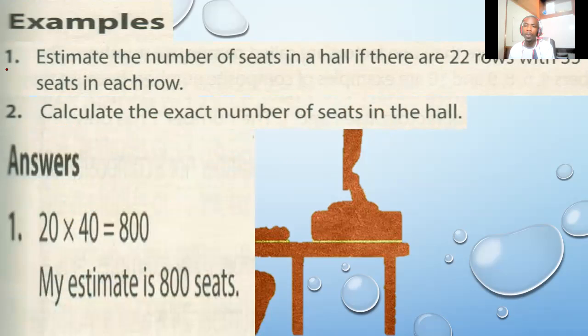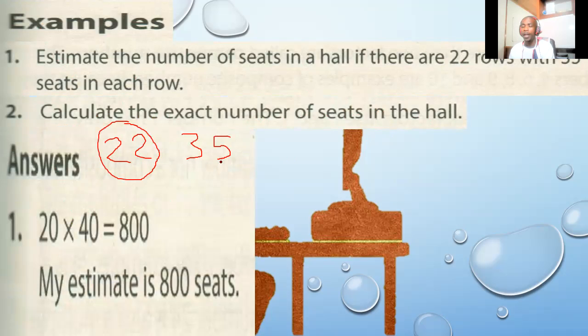What we do for question number 1, 22 and 35. To estimate, we round them off to the nearest 10.